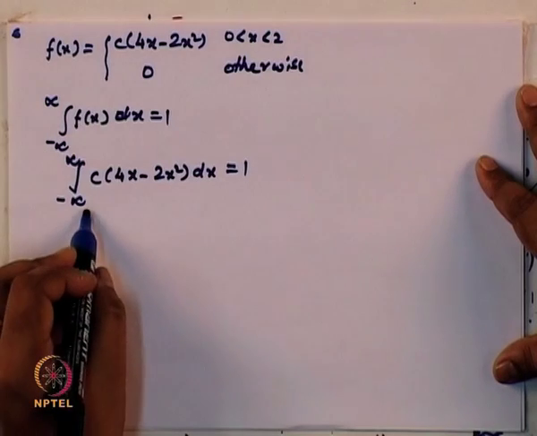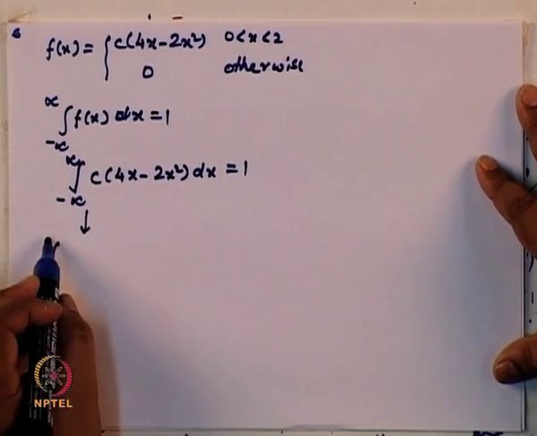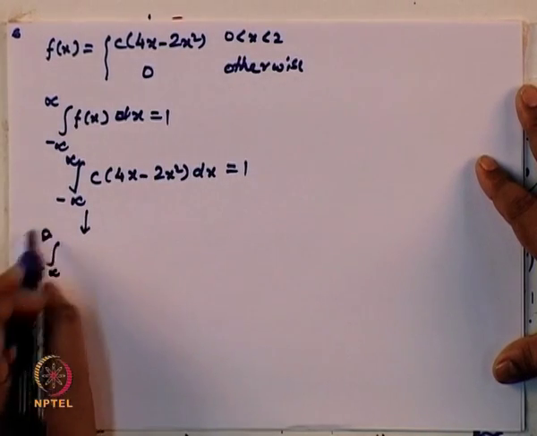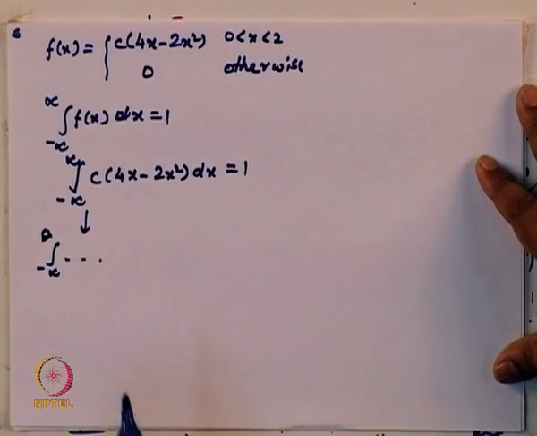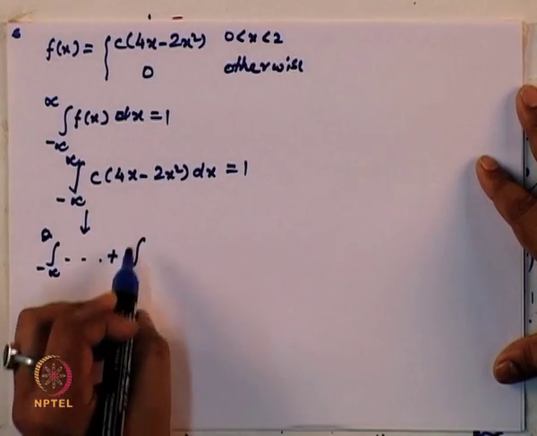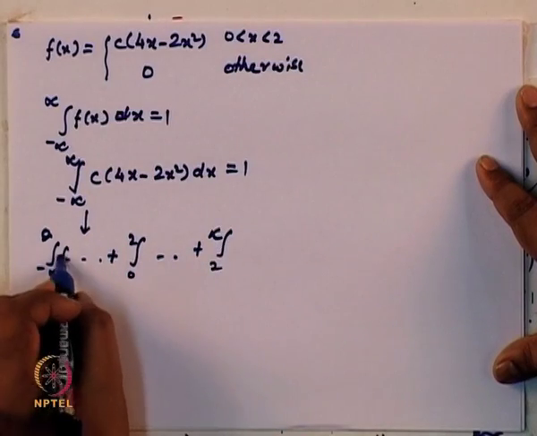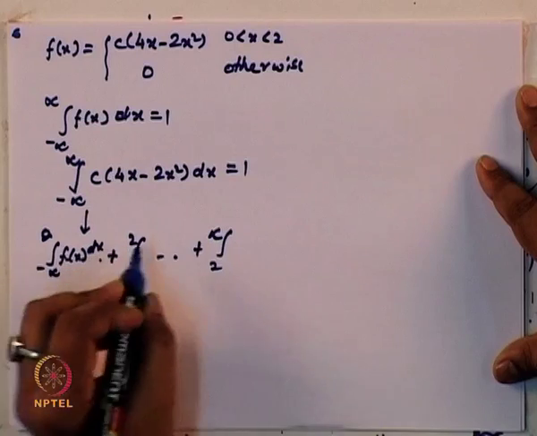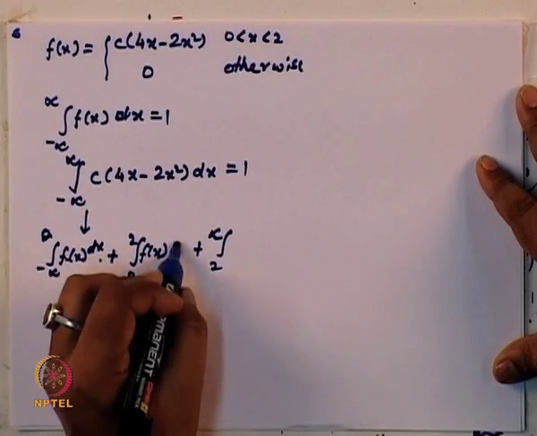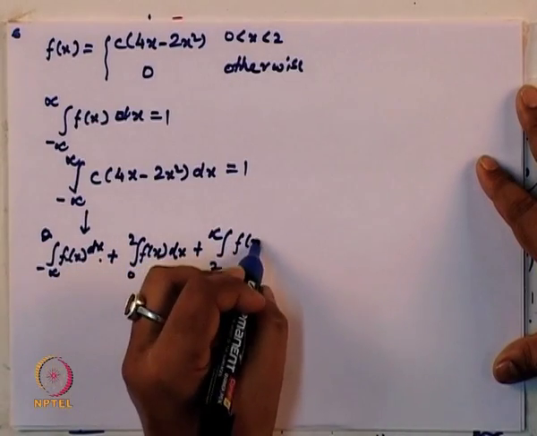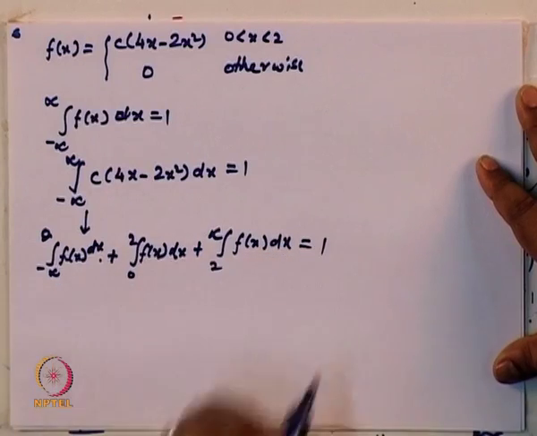I can break this limit into minus infinity to 0, then from 0 to 2, plus 2 to infinity, of f x dx each, and this sum is 1.